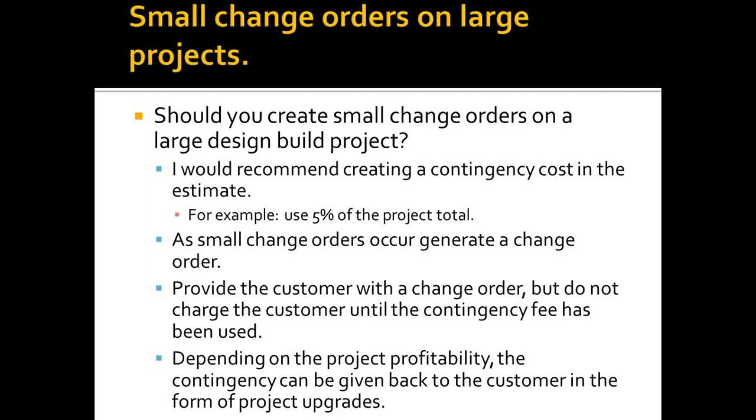So what ends up happening is, here and there, we use this contingency fee to pay for some of those change orders, and then obviously communicate to the client when they're starting to get towards the end of that contingency fee that you had set aside. Again, this at least allows you to continue working. You don't need the change orders because you've got that covered.